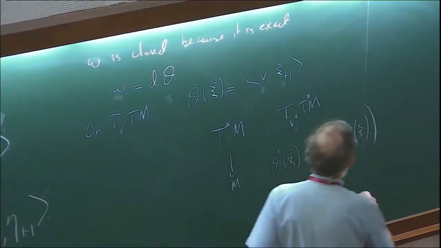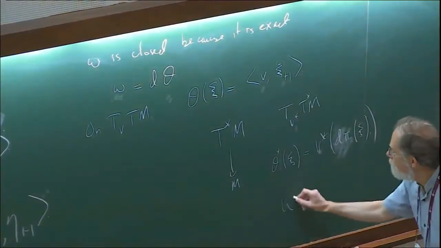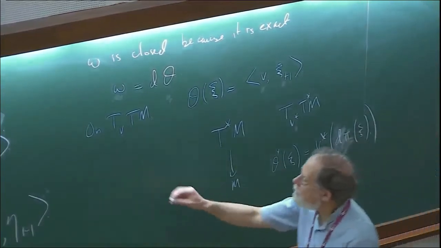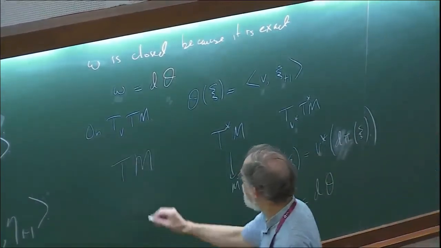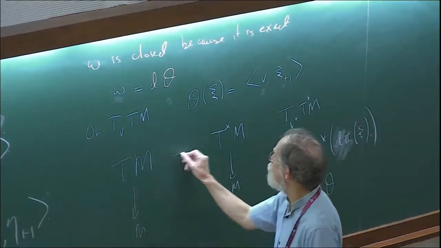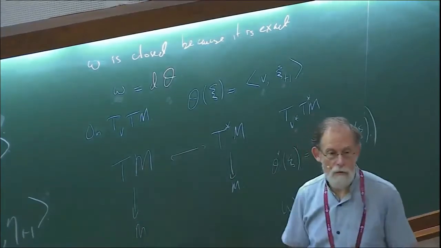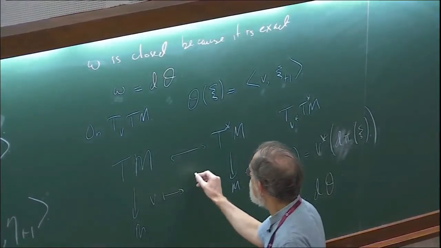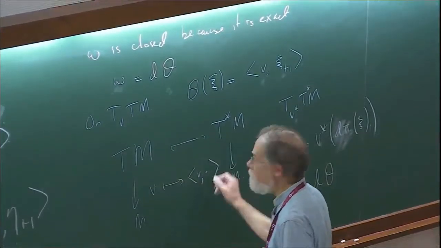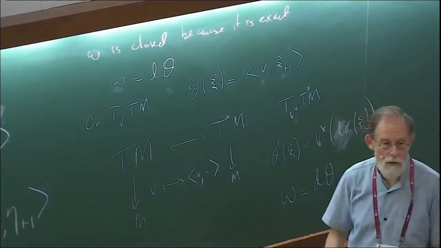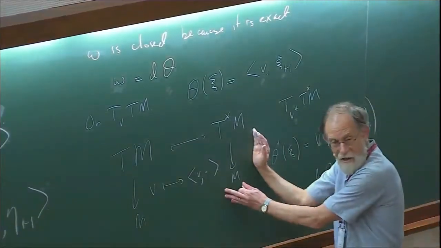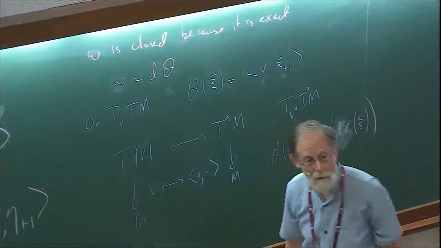And then you have omega, which is d of theta. And now if you have a Riemannian metric, there's a translation from cotangent bundle to tangent bundle. Vector v changes into the covector, which is doing the inner product with v. So you use this correspondence, you can transport any structure here to stuff over here.